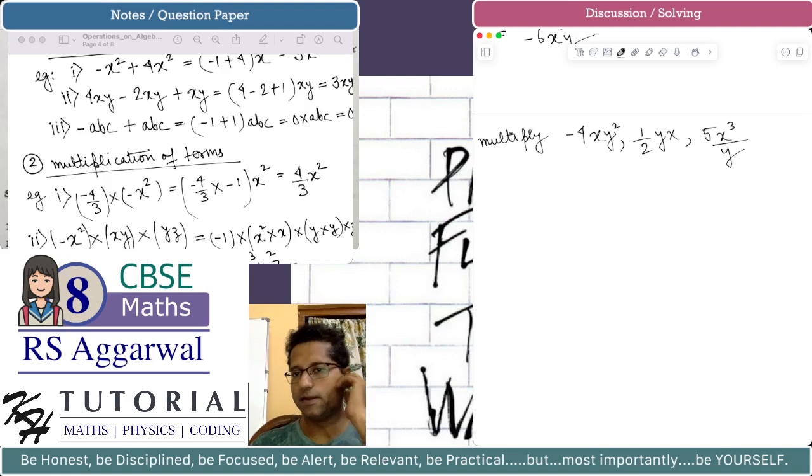Now when we multiply terms, the terms need not be like, they can be unlike terms. Now what are unlike terms? Unlike terms means they do not have the same literal coefficient. So we have to perform the multiplication of these three terms.